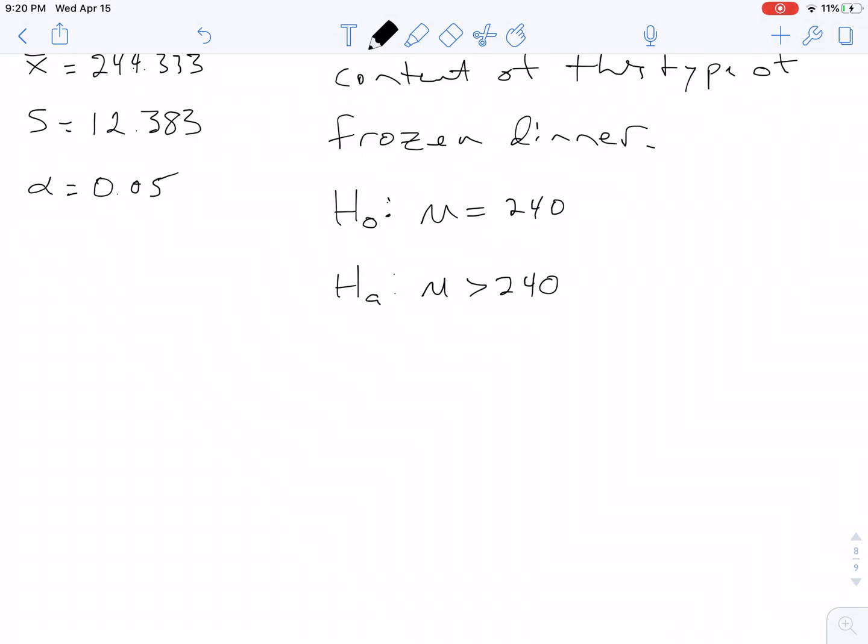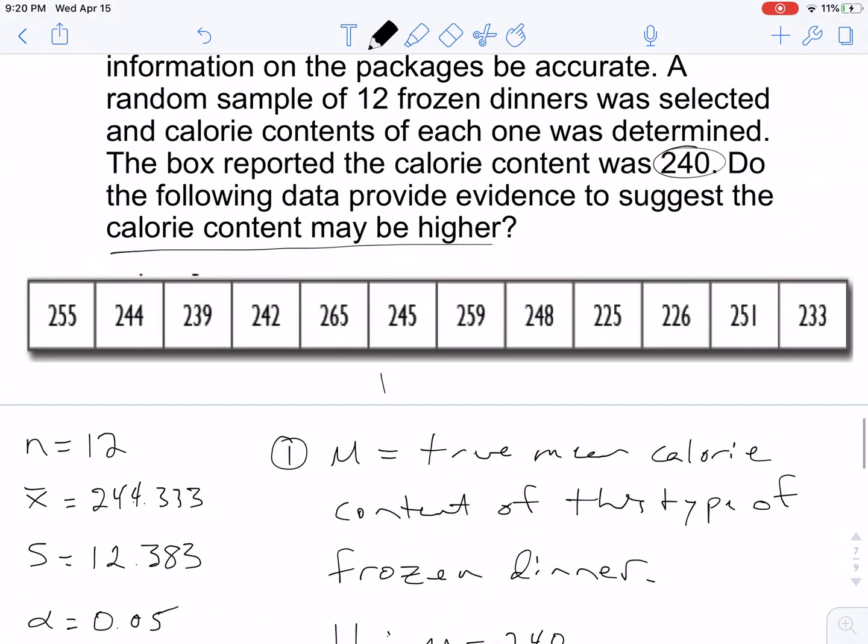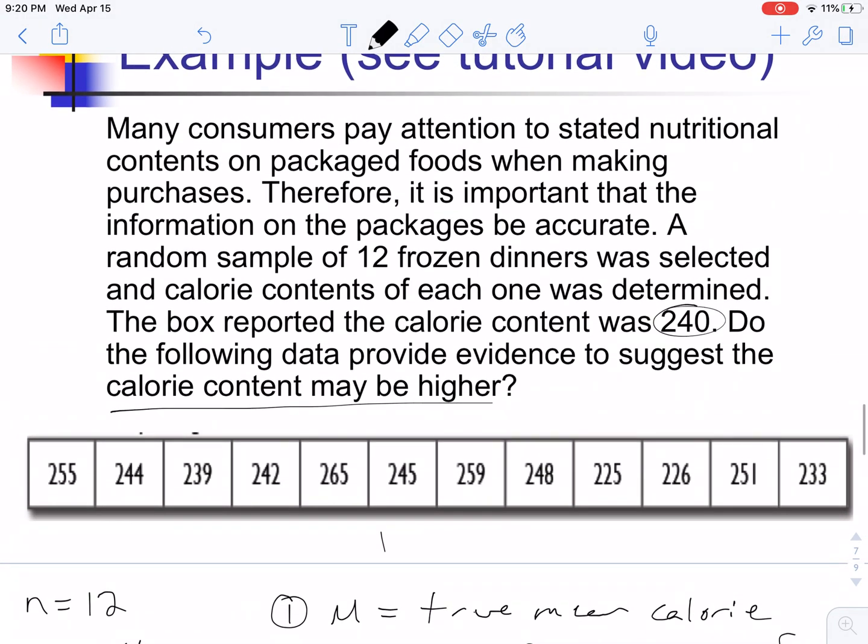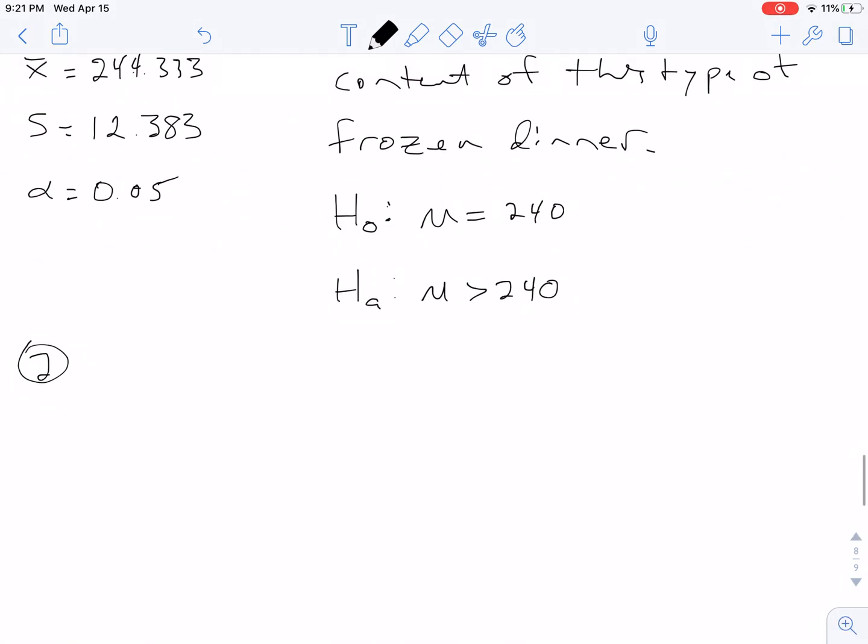So I'm now going to move to step 2, where I verify my conditions and name my procedure. So I'm going to start by looking to make sure that this was a random sample, and it was. So I'm going to note that. So random sample, check.